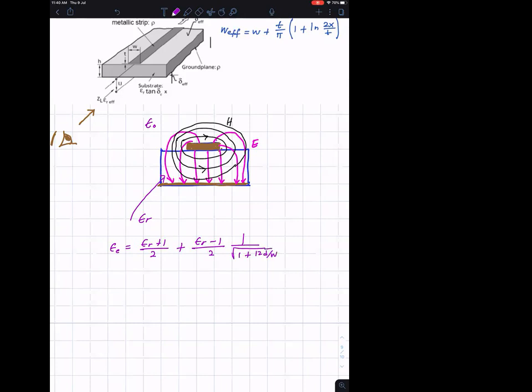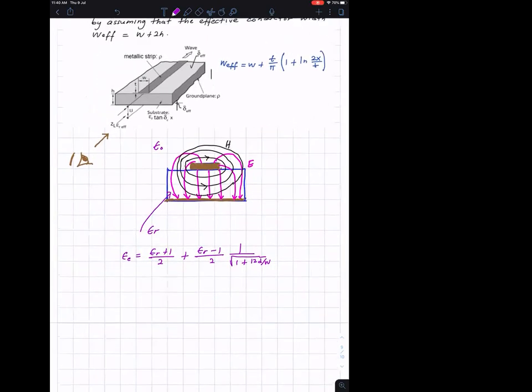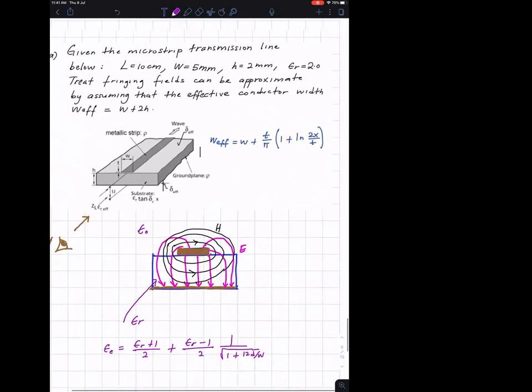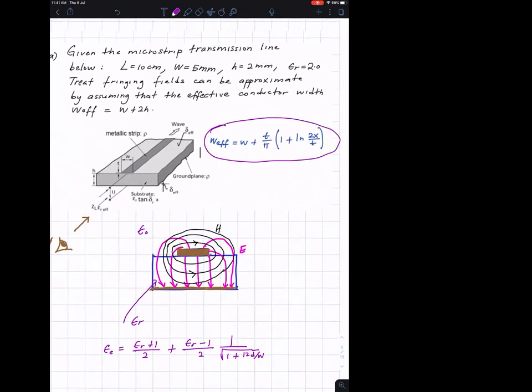Usually we don't want to use this, but this is given to you. In this case, we can just simply use this. Effective dielectric constant is going to give you effective dielectric width.